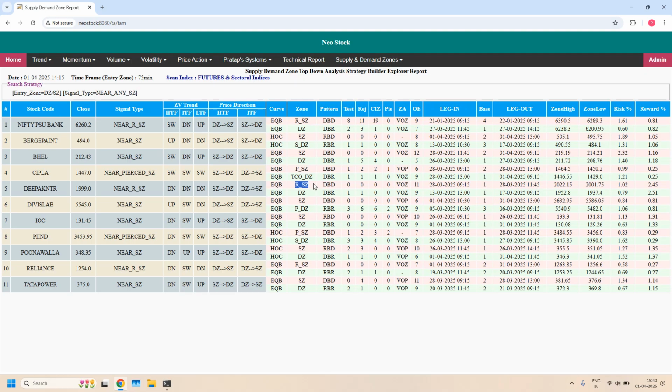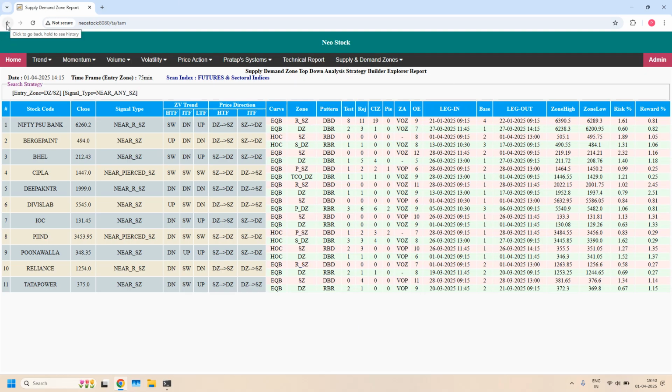Deepak Nitrite is having a 75 minutes high liquidity supply zone. Reliance is having a 75 minutes high liquidity supply zone. So we have identified 2 75 minutes high liquidity supply zones from this list.